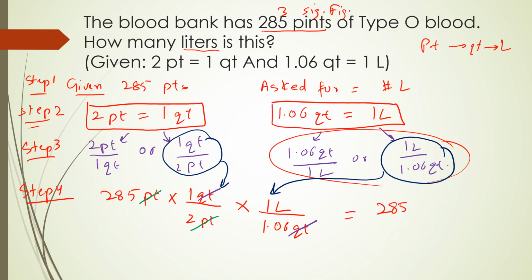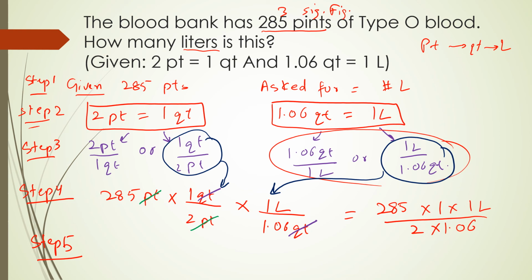So 285 multiplied by 1 multiplied by 1 liter divided by 2 multiplied by 1.06. So I just removed the cancelled part and wrote it again. And step number 5 is that you just multiply and divide and find the answer in correct number of sig fig.